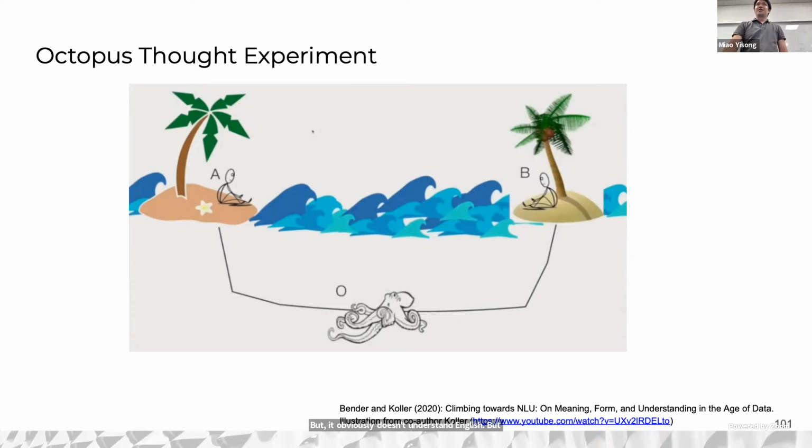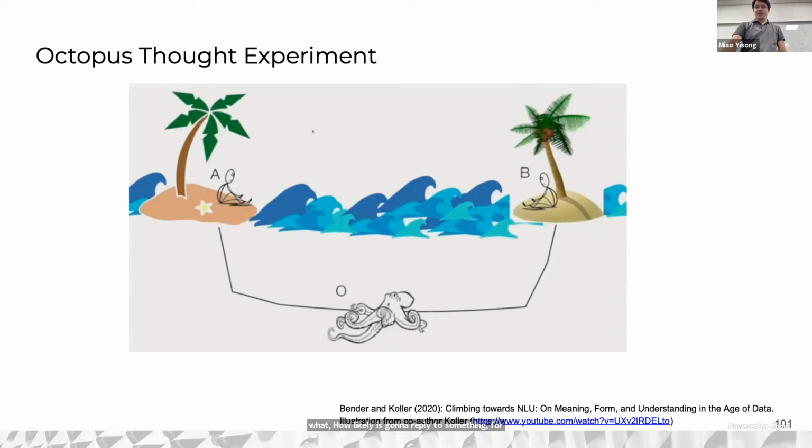Because it's intelligent, it can look at the communications between A and B and figure out statistical patterns. For example, if A says something, it can figure out how likely B is to reply with something, and vice versa.